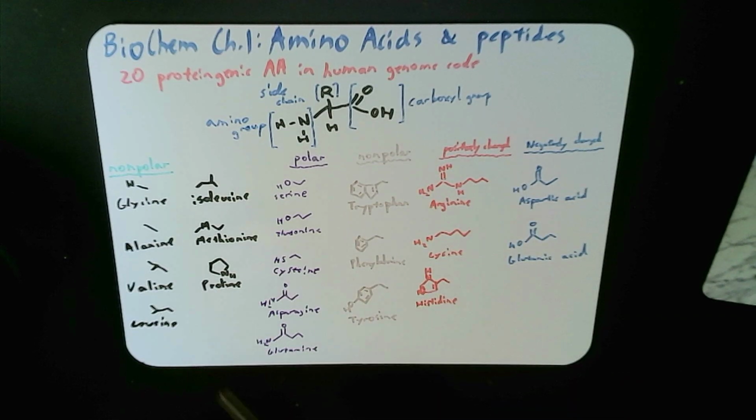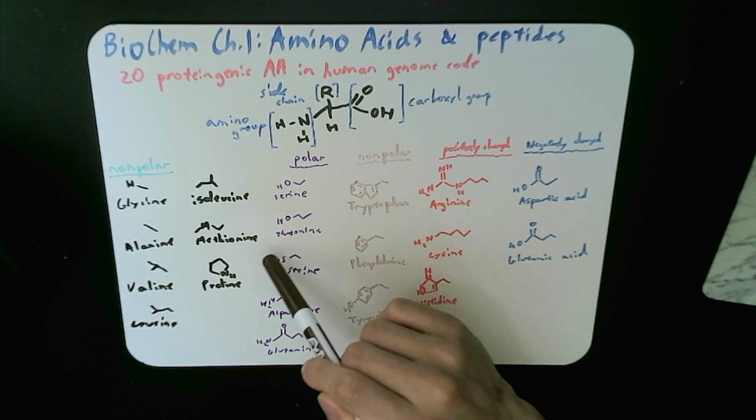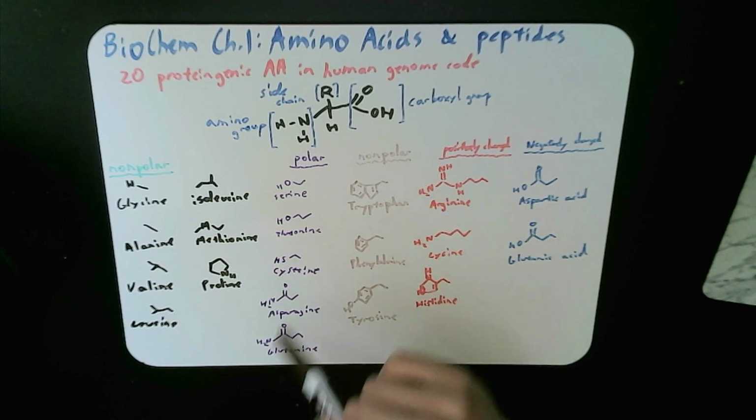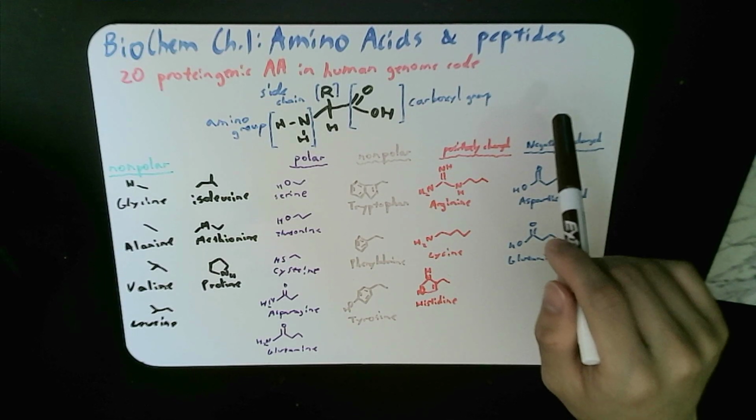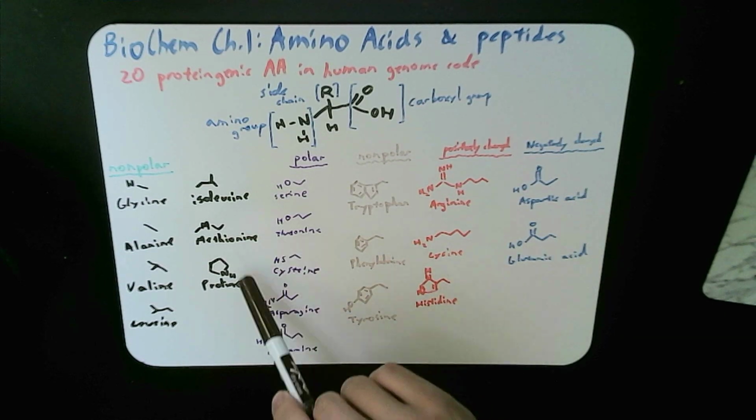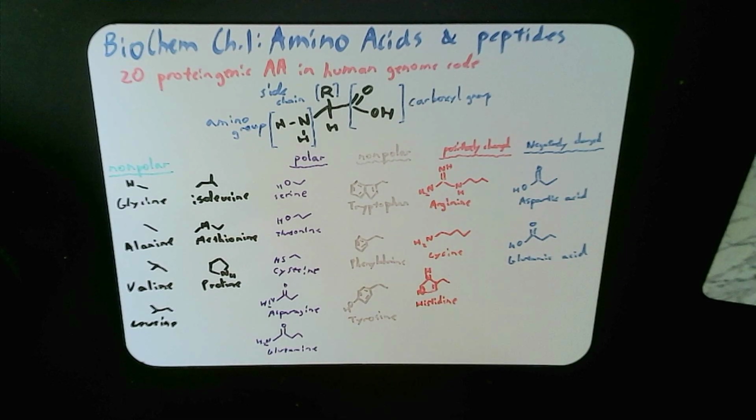So all amino acids here are chiral except for glycine, as well as there's S. I don't know what S stands for, but all are S except for cysteine, because cysteine right over here is specifically R oriented. So there's S and R orientation, chirality. You just need to know everything is S except for cysteine.